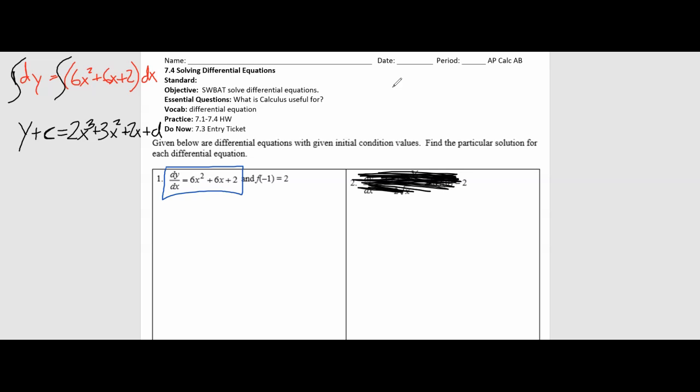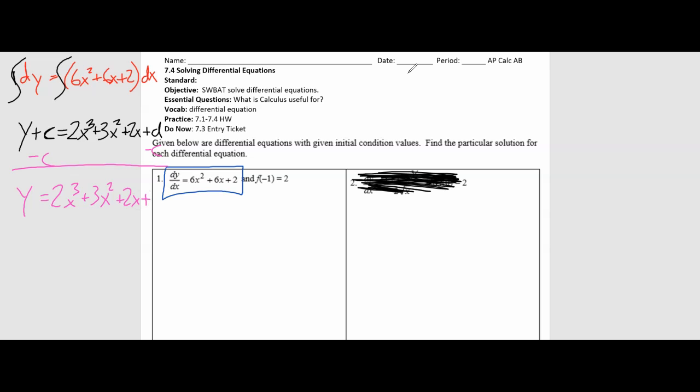Now, here's the thing. I have two constants of integration, and they could be the same, they could be different. I don't need to represent both of them with a variable, though, right? Because think about it. What if I just subtracted c from both sides? Well, if I do that, I end up getting y is equal to 2x cubed plus 3x squared plus 2x plus some constant, right?